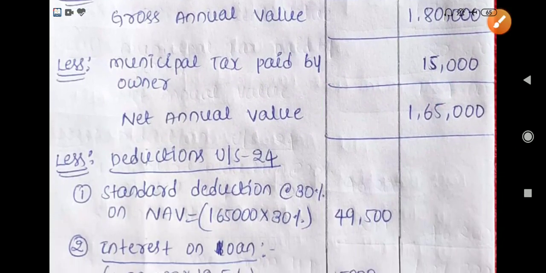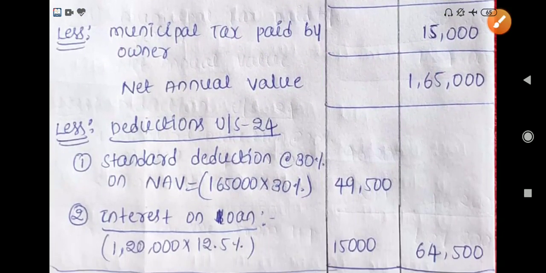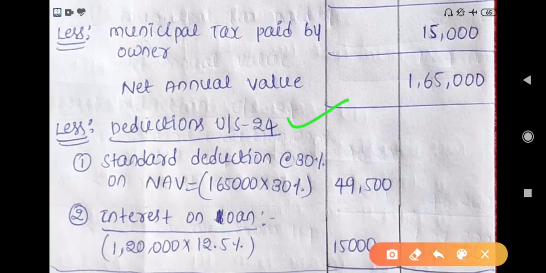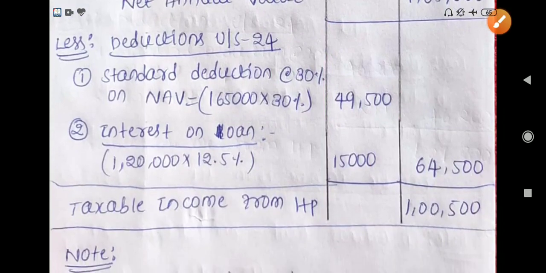Then from the net annual value, again you have to deduct deductions under section 24. There are two deductions. One is standard deduction. As I explained, 30% of NAV will be the standard deduction. 1,65,000 is the NAV, 30% of that is 49,500, that is standard deduction. And then interest on loan.